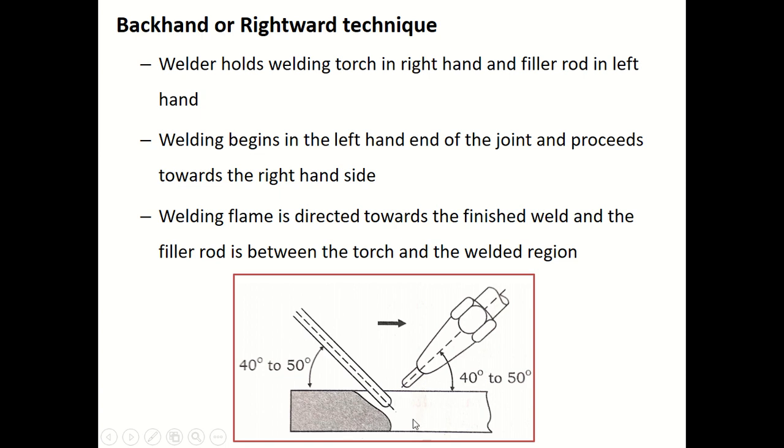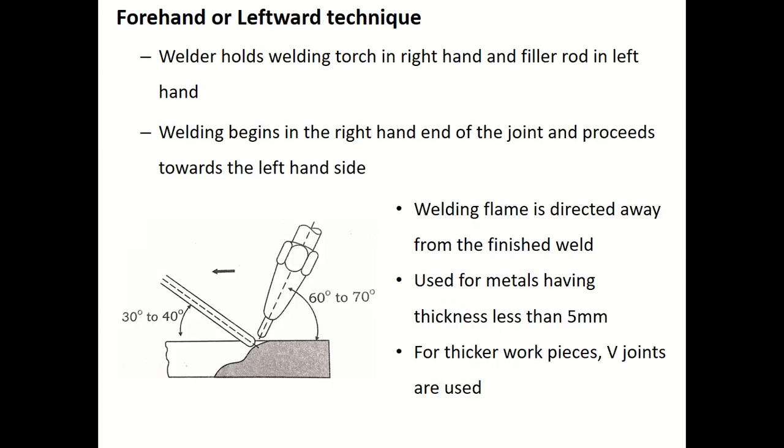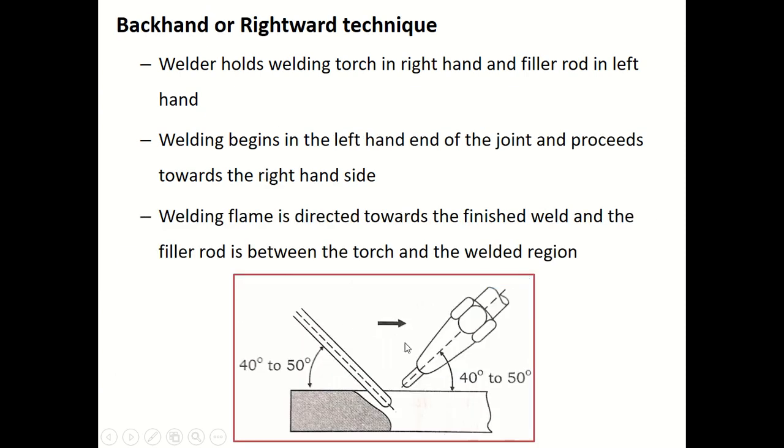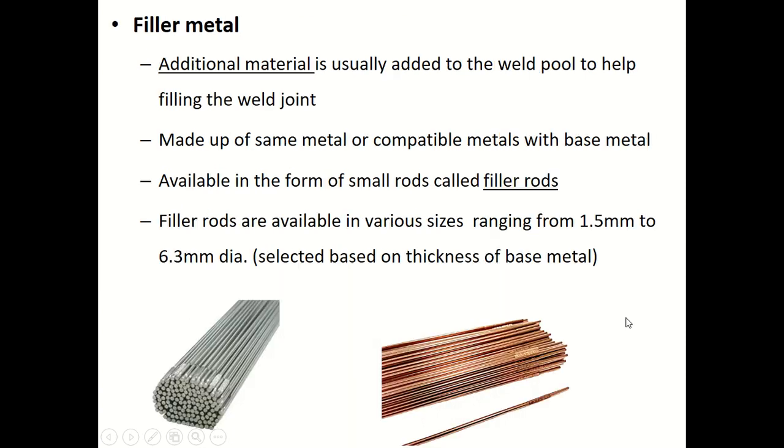The welding is finished where the filler rod is between the welding torch and the welded region. So in the last case, the welding flame was directed away from the finished weld, whereas in this case, the welding flame is directed towards the finished weld.